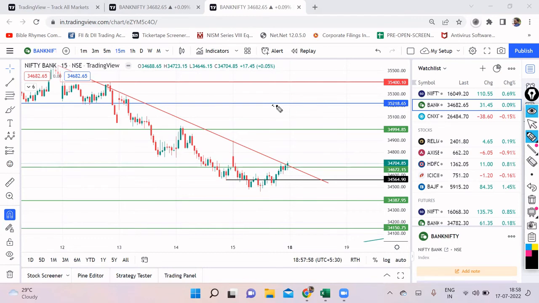So in case Bank Nifty opens at this place, the first candle should be a red candle, and if the next candle breaks the low, definitely you can buy a put here, and your first target should be 34,900. A 300-point fall is something we'll look at, and then the market can be sideways, so we'll avoid any trade at that time.